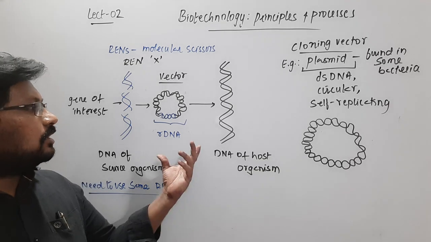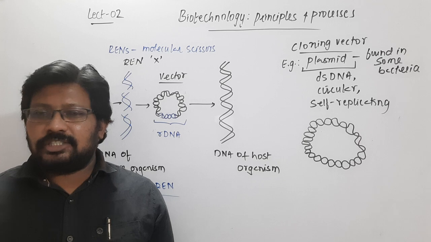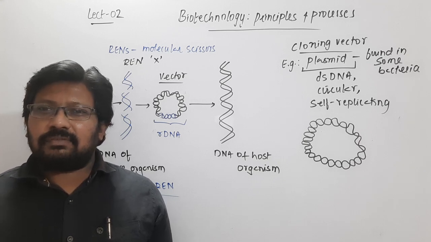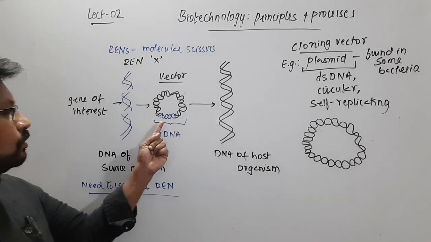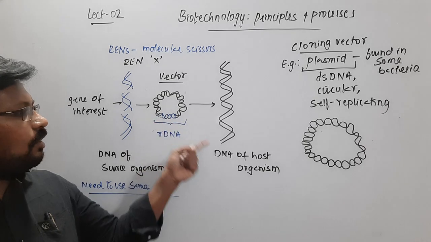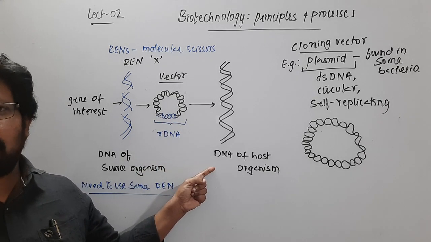Of course, don't think that they will be joining by themselves. We need to use other enzymes like DNA ligases. The DNA ligases are the enzymes that we need to use to join this gene of interest into the vector or into the host organism's DNA.